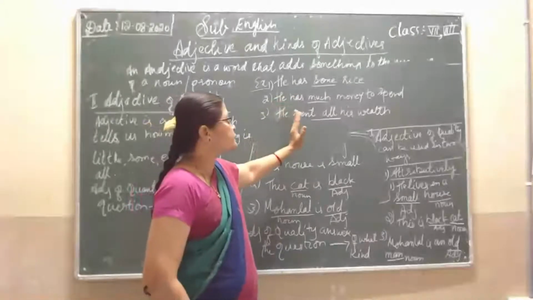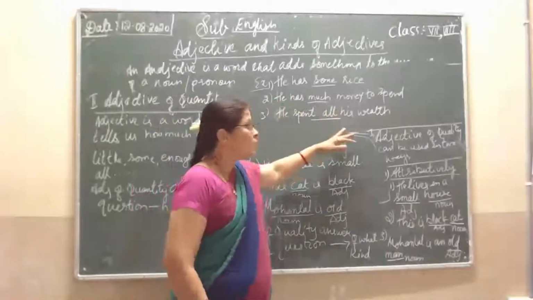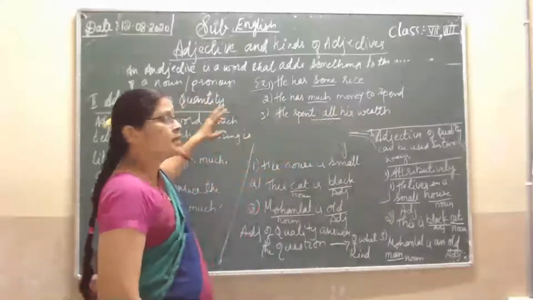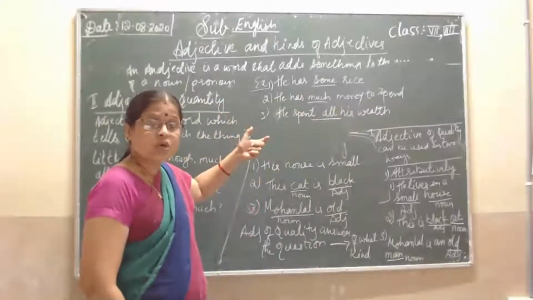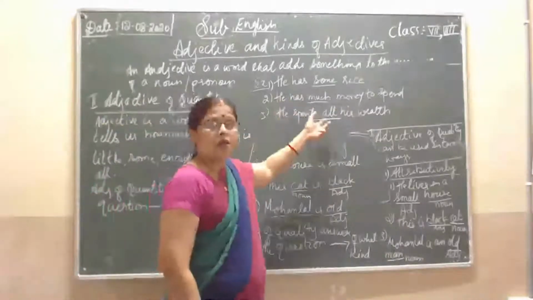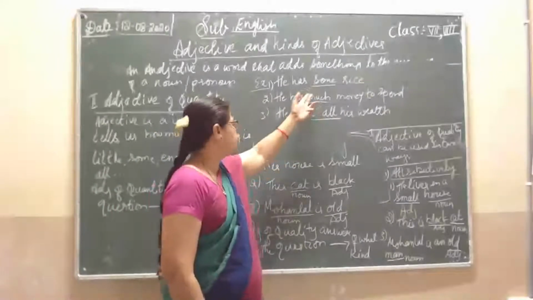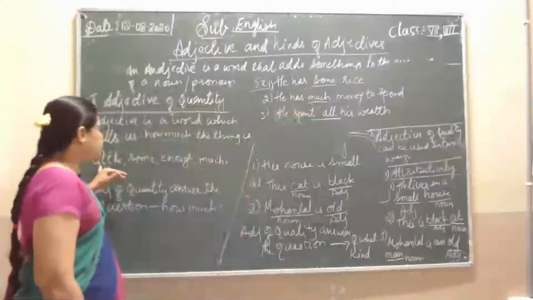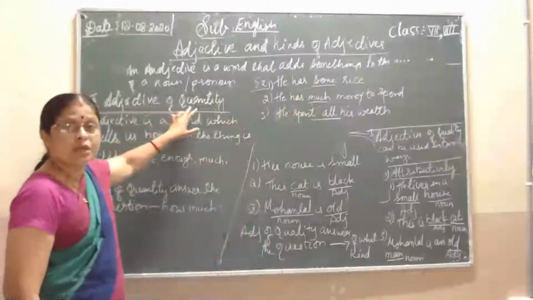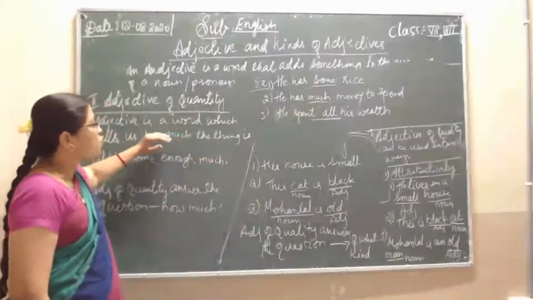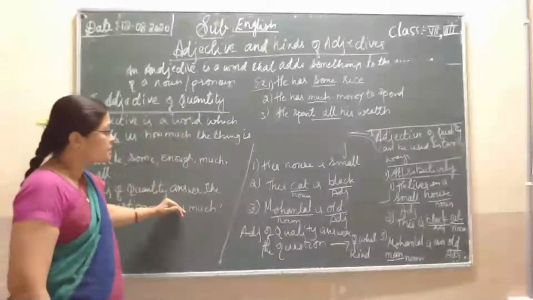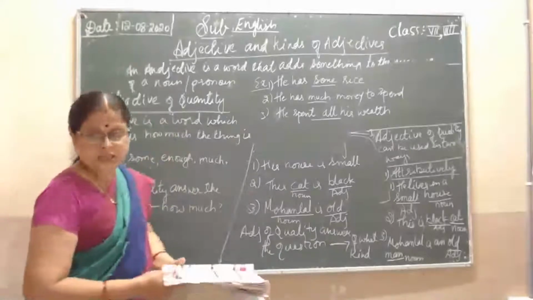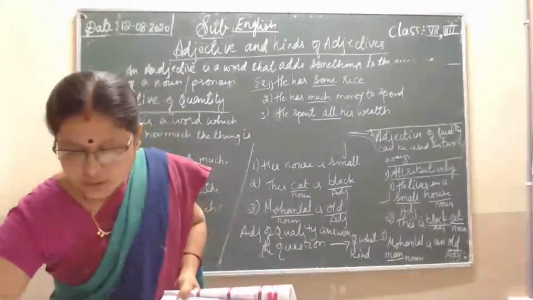We are saying that he spent all his wealth. All is also a quantity. We don't know exactly how much it was, but all, much, some, enough, little are all adjectives of quantity. This is what the adjective of quantity is. After this, the third adjective is the adjective of number.